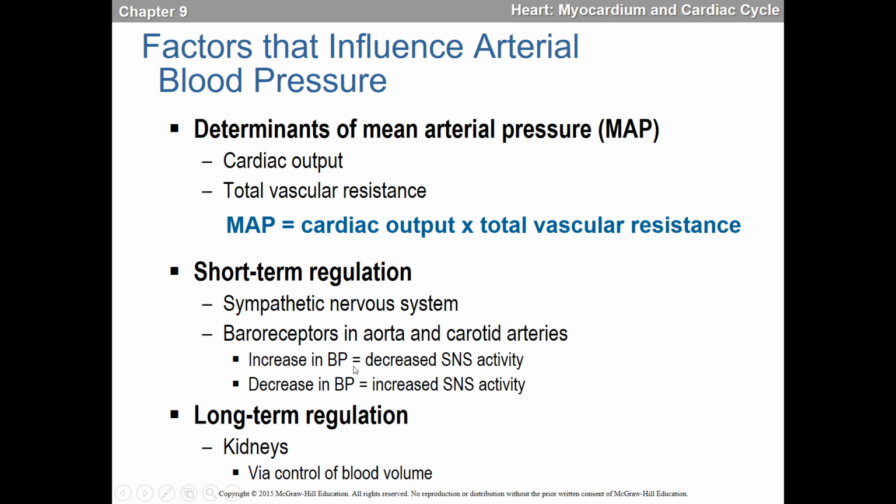If there's an increase in blood pressure, there's going to be a decrease in sympathetic nervous system activity. That's just a negative feedback loop, to where if one goes up, the other has to go down, trying to maintain a relatively constant blood pressure.